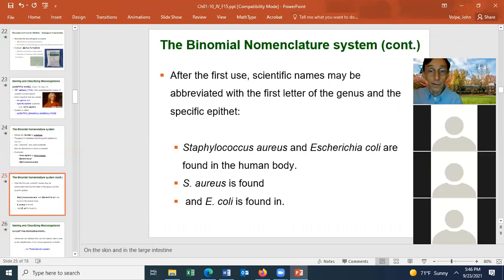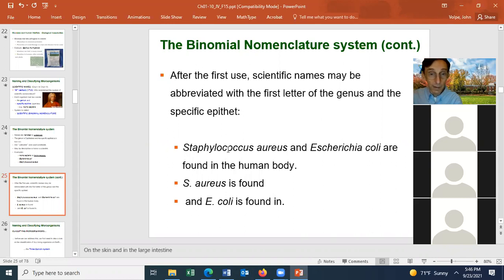Once you use the scientific name for the first time, all other times you can abbreviate the name. You abbreviate the first letter of the genus and then write out the specific epithet, like Staphylococcus aureus and Escherichia coli are found in the human body.